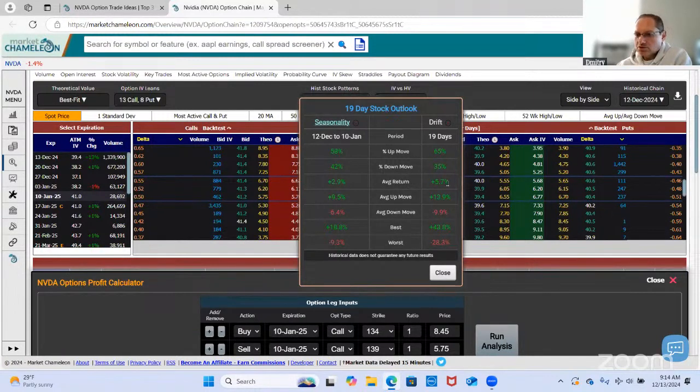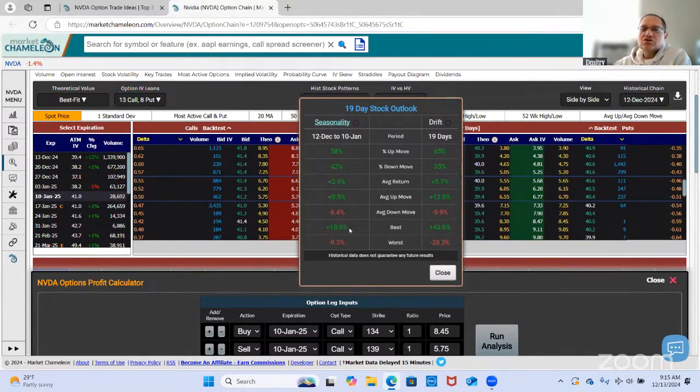So there's a positive drift, and it looks like it has pretty significant positive drift, almost 3% here, 5.7%. If we looked at the average move up versus average move down, only the positive moves versus only the down moves: up 9.5%, 13.9, down 6.4, down 9.9.